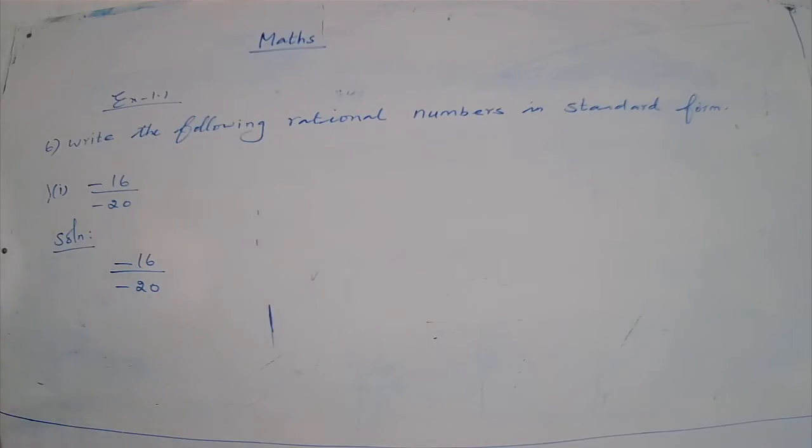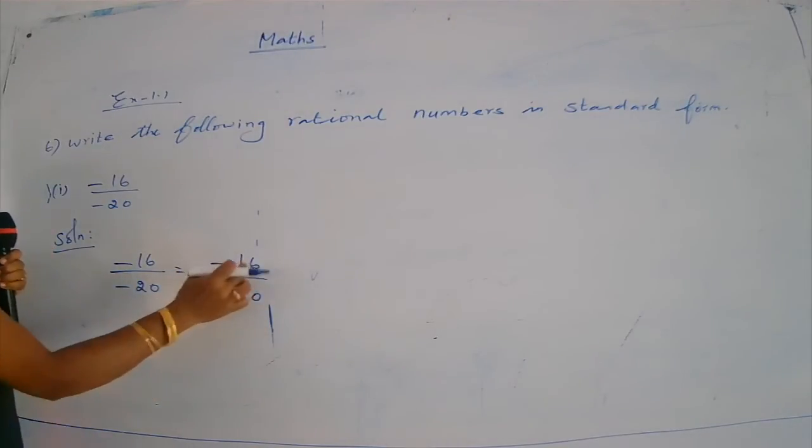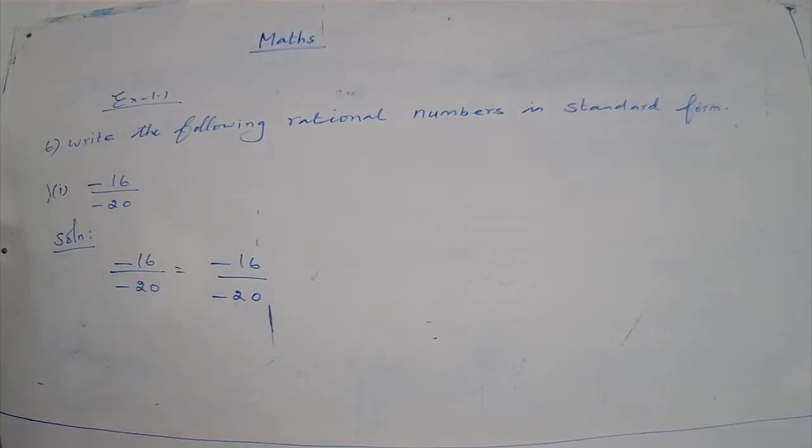You find the lowest ones. For minus 16 upon minus 20, what is the highest common factor? Which number divides 16 and 20? 4. Yes.